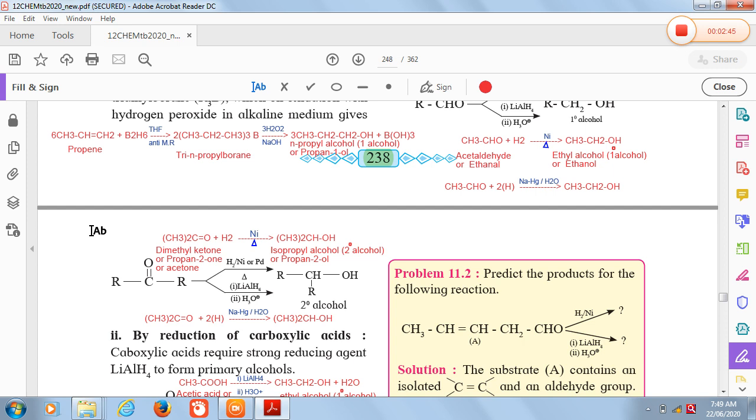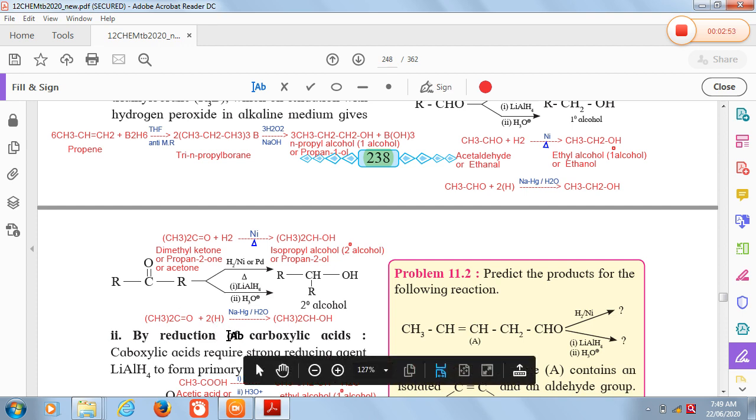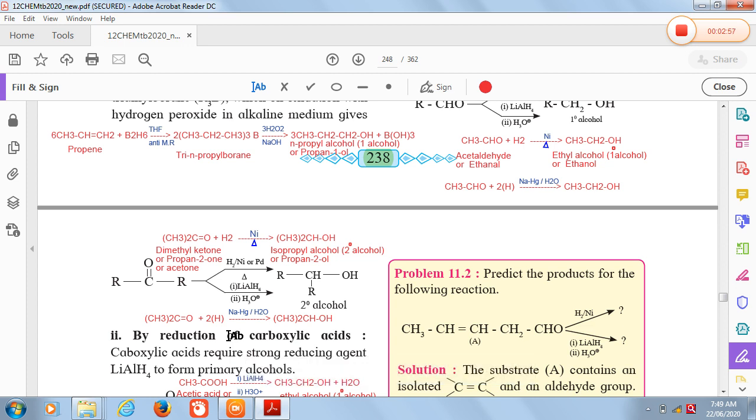So the alcohol is secondary. The same change can be carried out by using atomic hydrogen, but the reagent is Na-Hg, sodium amalgam, in presence of water. Or these changes can be carried out by using LiAlH4, lithium aluminum hydride, and H3O+, that is hydrolysis in presence of acid.